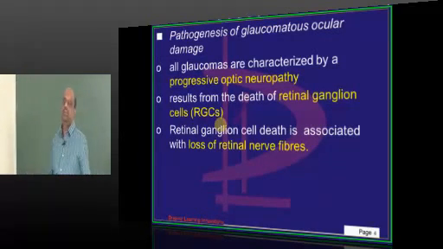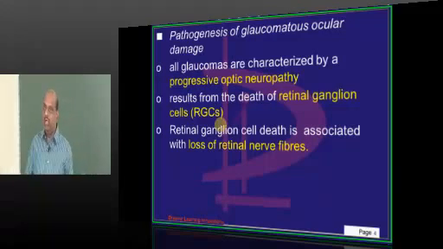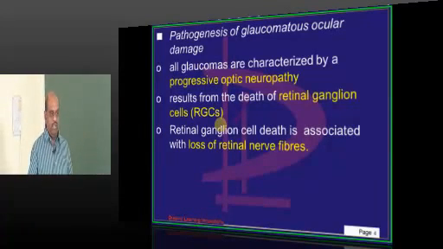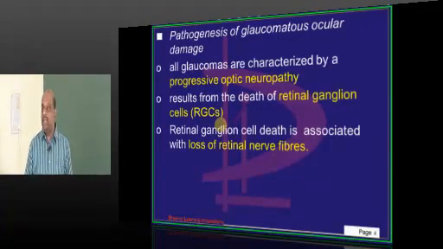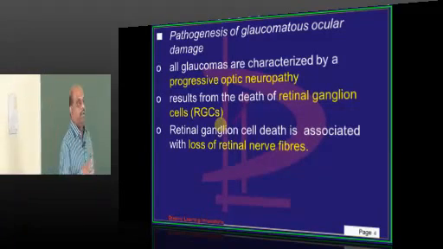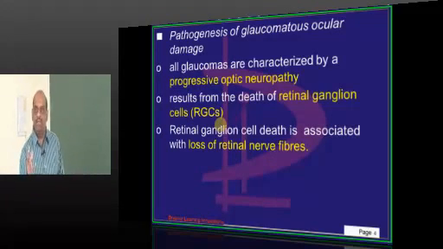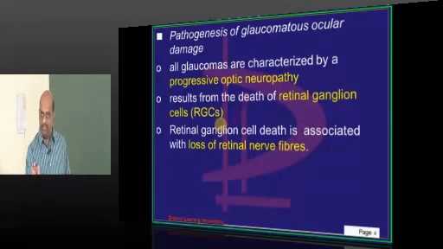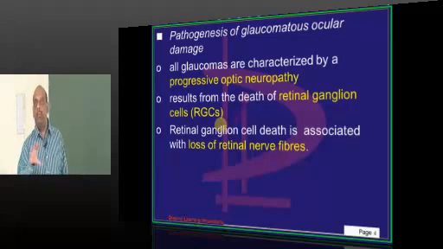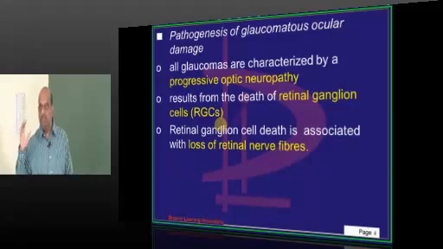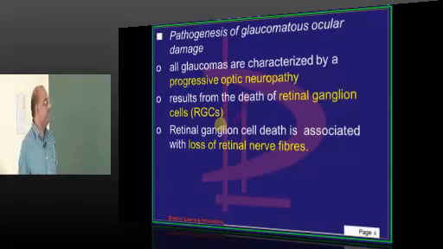What is the main reason that glaucoma leads to vision loss and ocular damage? Typically, whenever there is a rise of intraocular pressure, progressively there is compression on the optic nerve, and that leads to optic nerve atrophy, which is the main underlying cause for visual loss in glaucoma.